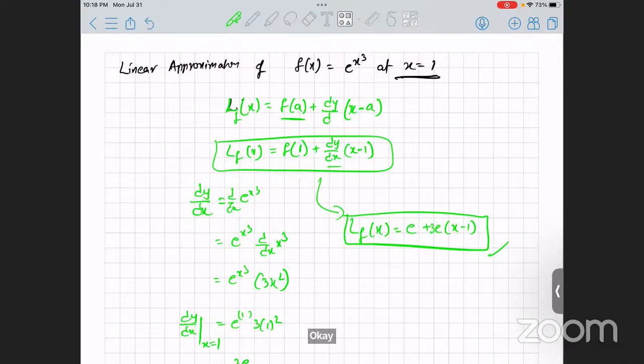Can anyone tell me how the graph of e power x cube looks like? Sir, it's like e to the power x. It's an odd polynomial, so it will not touch the x-axis.